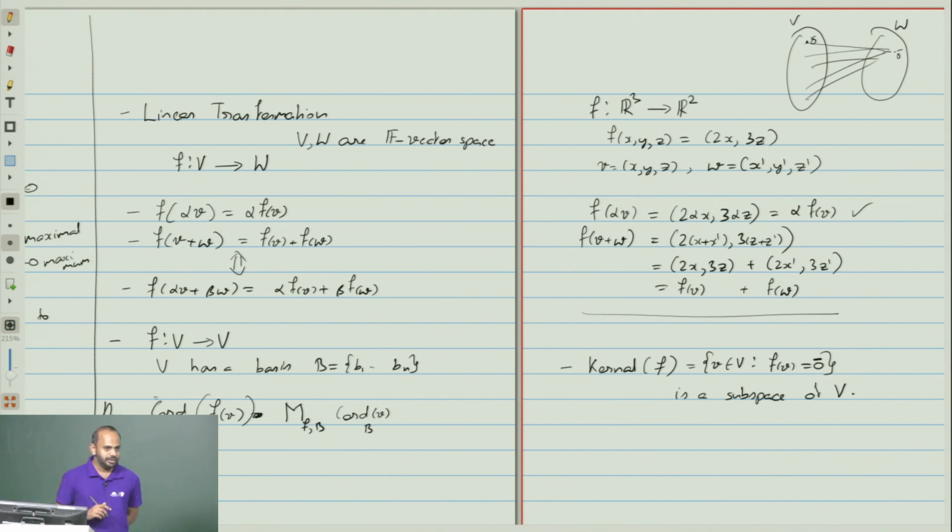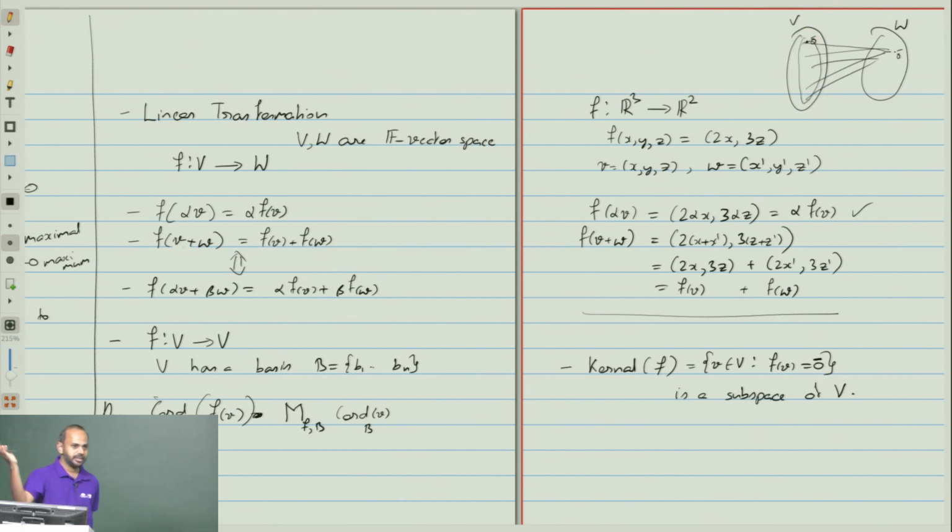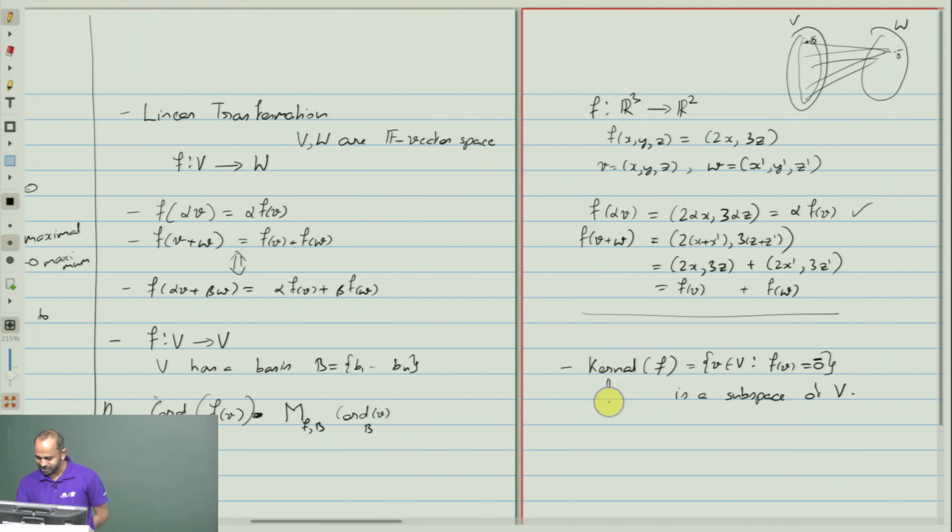The set of elements in V, which is a subset of V, which maps to the 0 vector in W, is the kernel of the linear transformation f. Null space is another name for kernel. So, this is also called the null space of f.